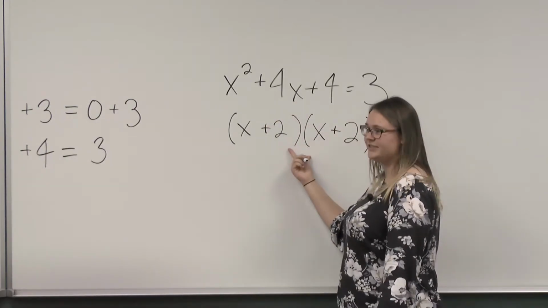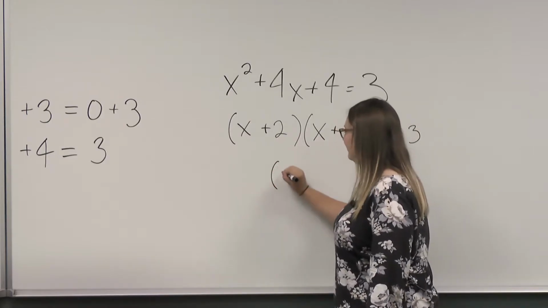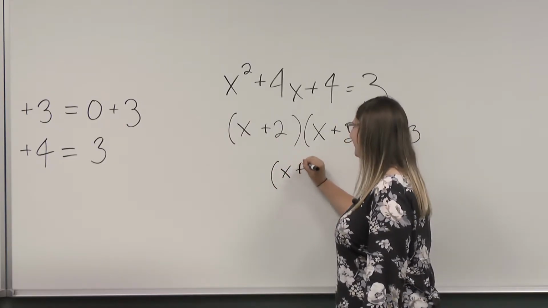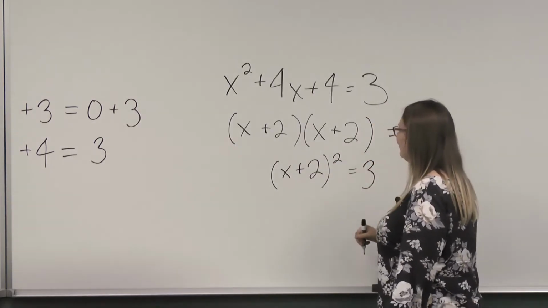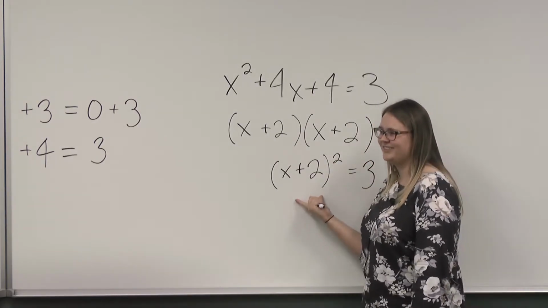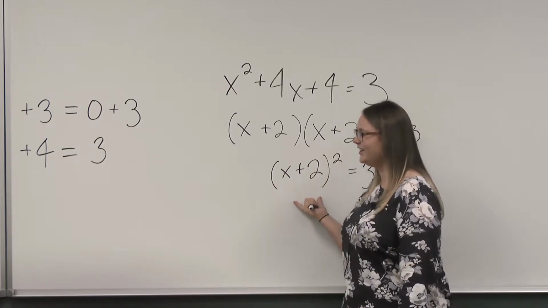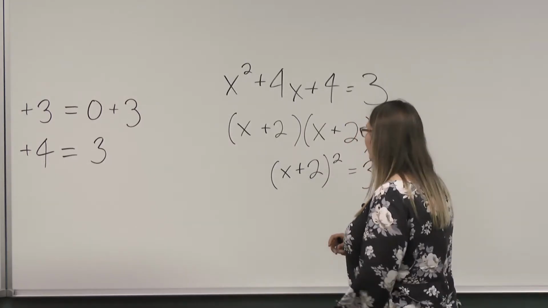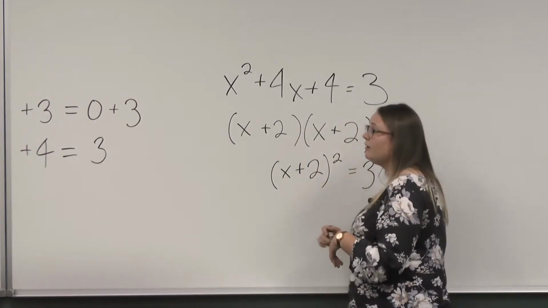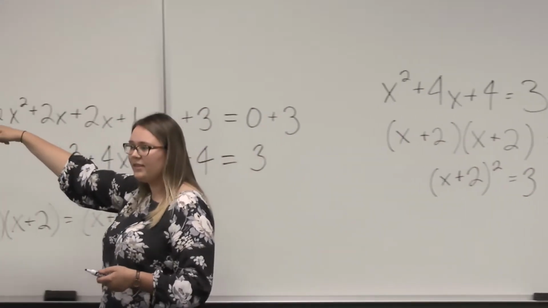So this simplifies to, what does this look like? Right, it looks like the area we just found. So what's different about this from what we started with?